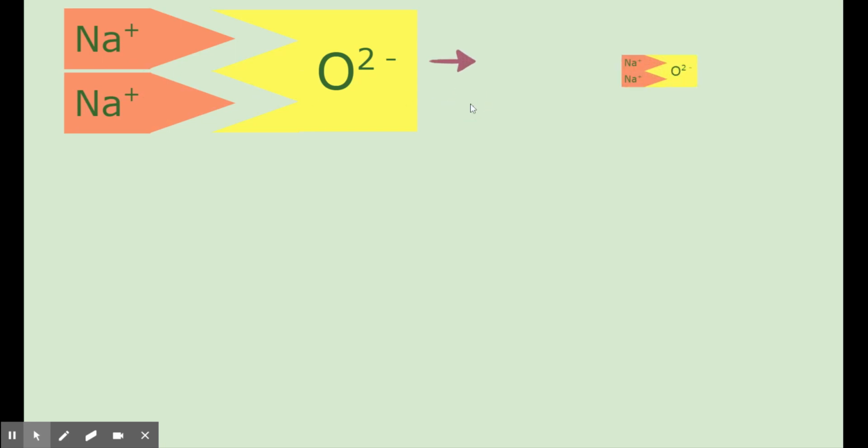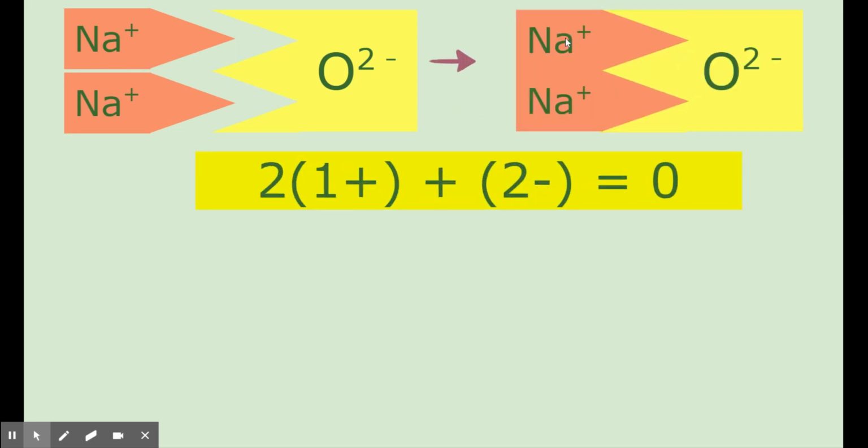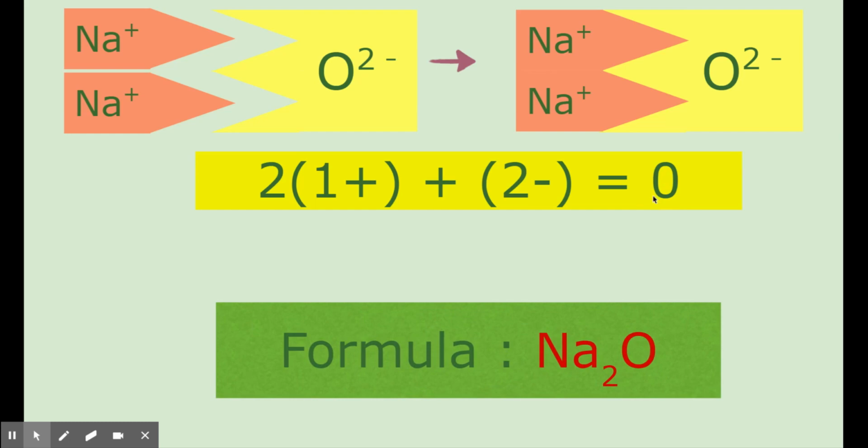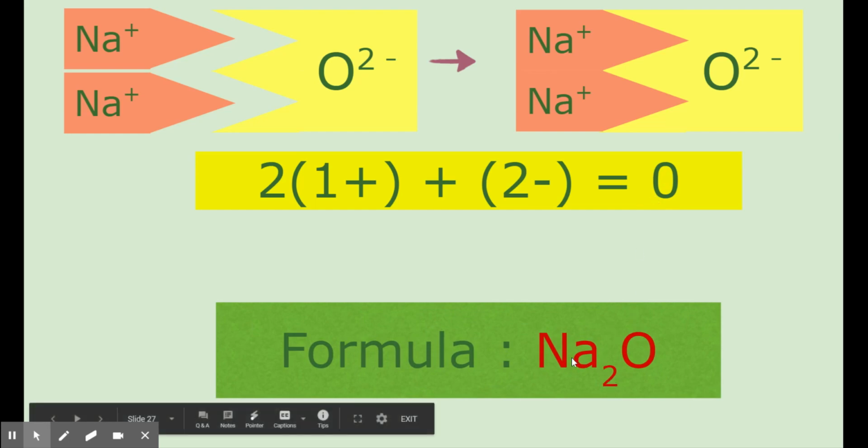When they come together, they become two sodium ions paired with one oxide ion. When you do this calculation, you'll notice that the overall charge is now zero. So to finish the chemical formula, we have two sodium ions and one oxide ion.